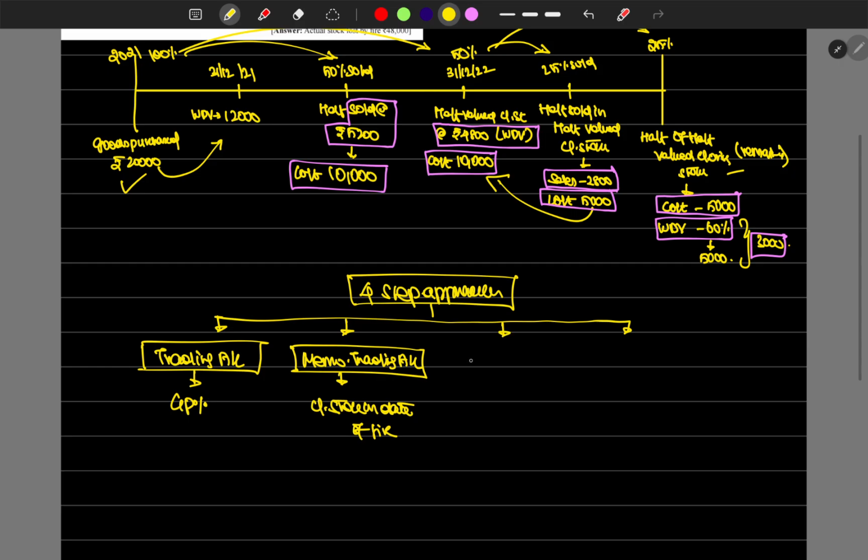Third one is loss of stock. This is the calculation of closing stock on date of fire minus stock salvaged. Last step is amount of claim.